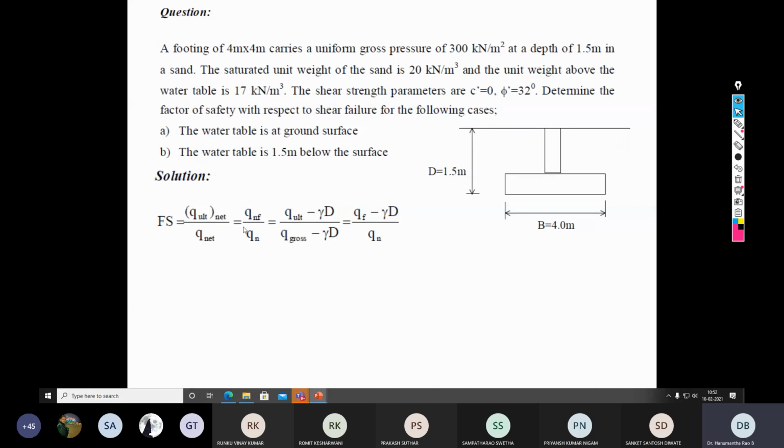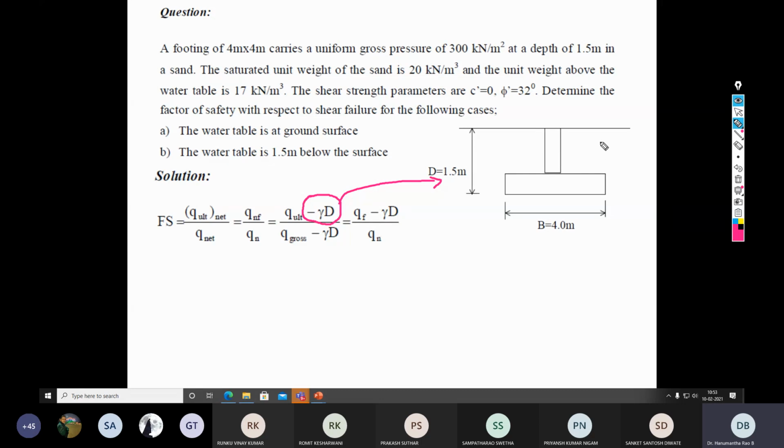The same thing can be rewritten as Q ultimate net means Q ultimate minus gamma Df. Now here, what do you mean by this minus gamma Df, which is nothing but the overburden term up to a depth of 1.5 meter?